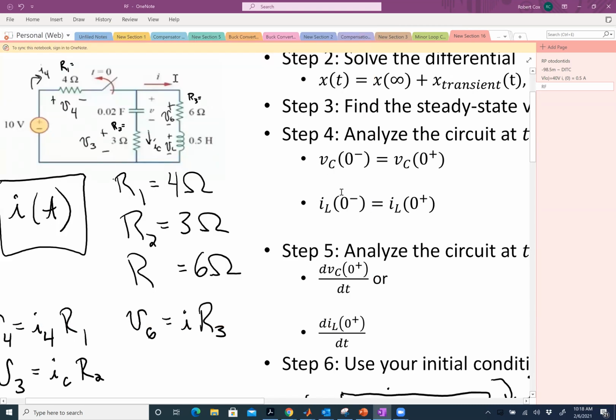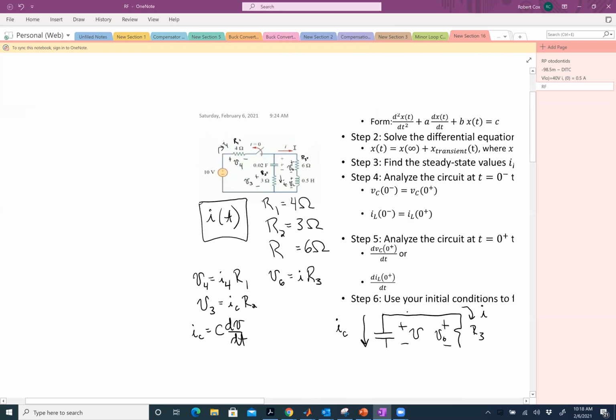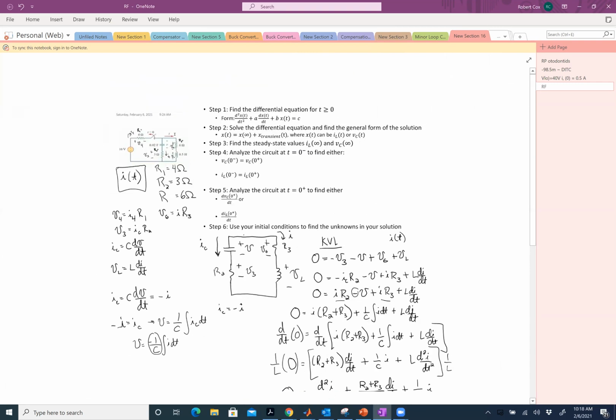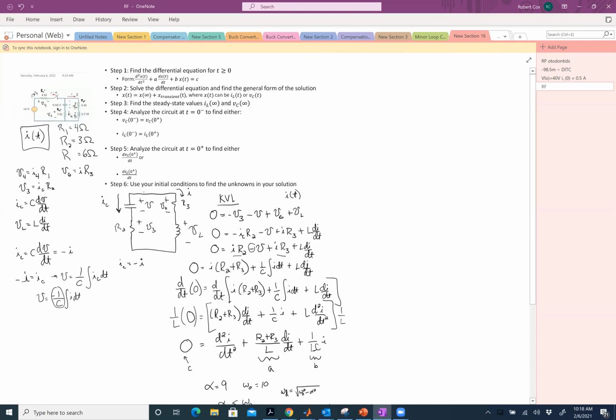So before the switch moved, if I looked at that circuit right there, let me zoom out a little bit, I've got this voltage source here, this 10-volt source, and I've got this R1, a 4 ohm resistor. The switch is closed, so at t equals 0 minus, the switch is closed. Now the capacitor has been charged for a long time, so we're going to say it's an open.